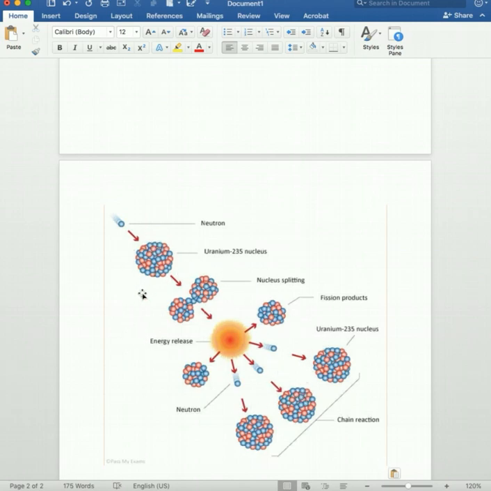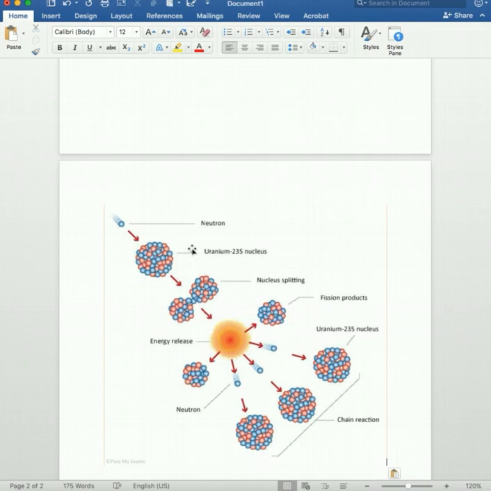If you got enough uranium nuclei together, this would happen naturally. So when we are storing our uranium fuel rods for our nuclear power station, we have to keep them separate so this doesn't happen. And also in the reactor, when we put them all in there to make it happen, we have to control the number of neutrons that can go on to make fission reactions.